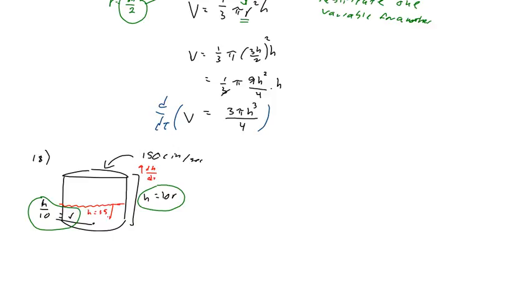So let's get our formula. Volume of a cylinder is pi r squared h. We know that this is dV/dt, change in volume. And I know I want to find dH/dt. So in my equation, I want to have dH/dt. I don't really care about dr/dt.